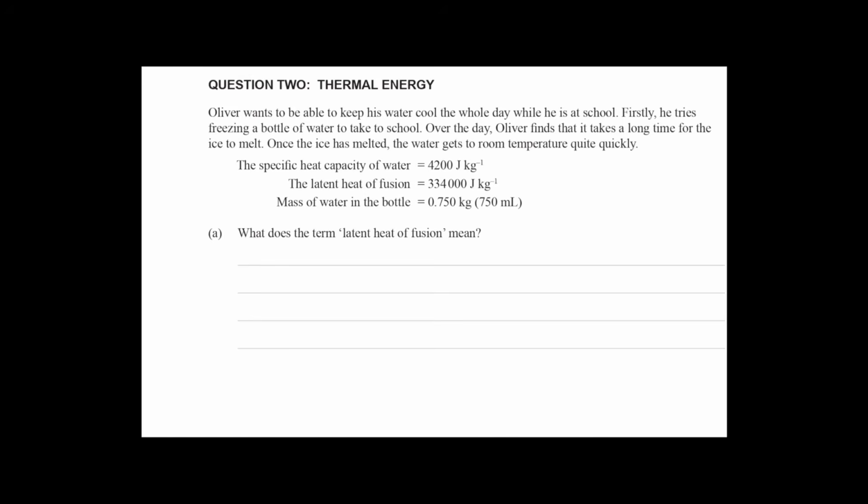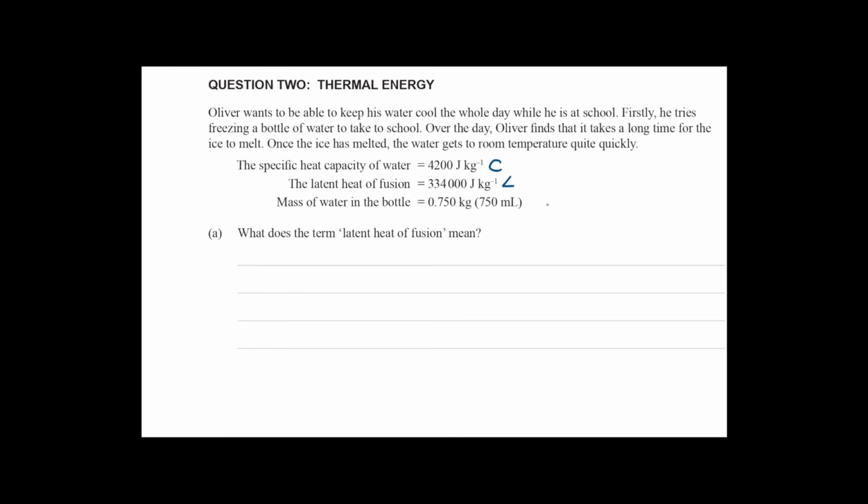But before we do that, a good practice when we are in an exam is to look at what they're giving you and sort of apportion what is the letter that goes with this. Well, the specific heat capacity of water is little c. Is it in SI units? Yeah, it is. It's in joules per kilogram. The latent heat of fusion is this huge number here. What letter is that? Well, that's big L. Is it in SI units?